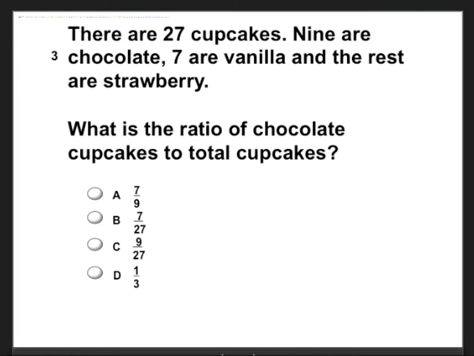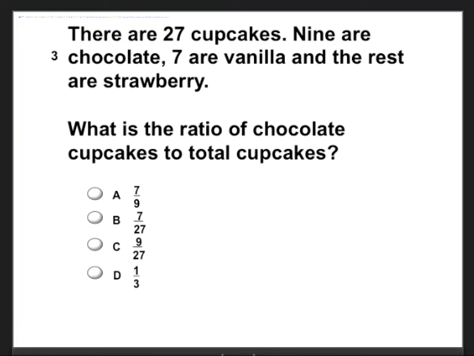All right, here, same scenario, but now what is the ratio of chocolate cupcakes to total cupcakes? Think about this, pause and check with your partner, and then hit play when you've checked with each other. Okay, the ratio of chocolate to total. There are 9 chocolate and 27 total cupcakes.